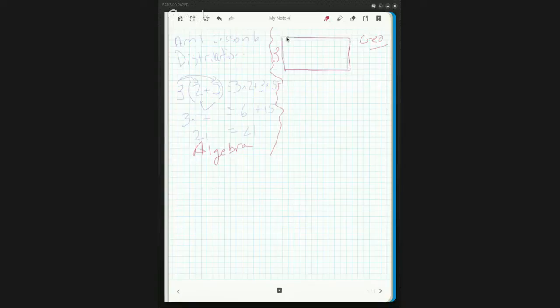And here's our rectangle, and we're going to divide our rectangle into 2 pieces. From here to here has a 2, and from here to here has 5. So if you look at it from the top, you have a length of 5 plus 2. If you look at it from the bottom, the whole length is 7.